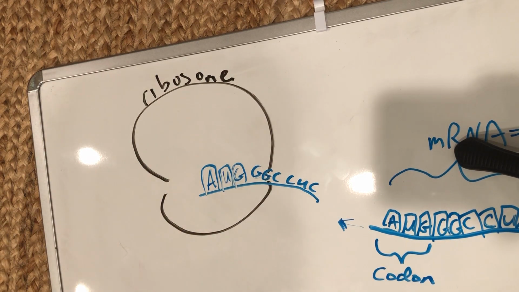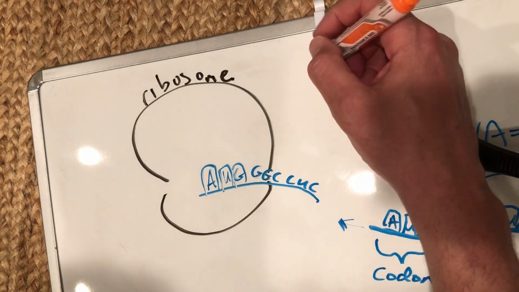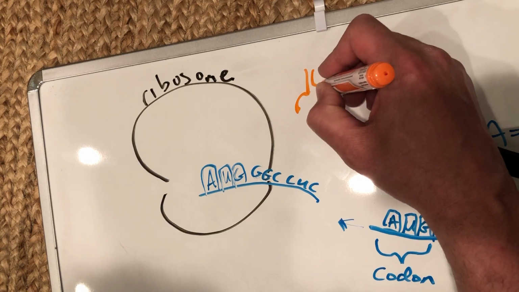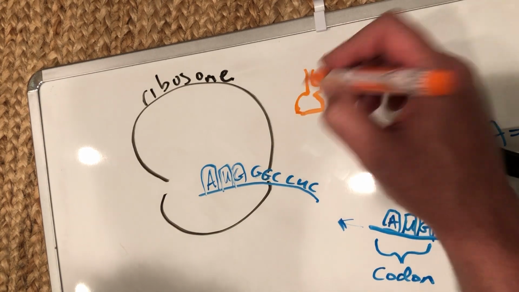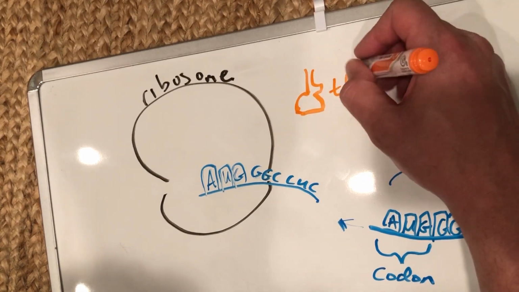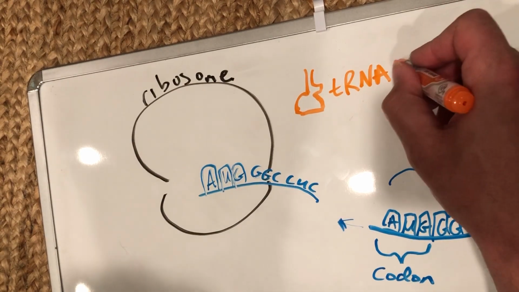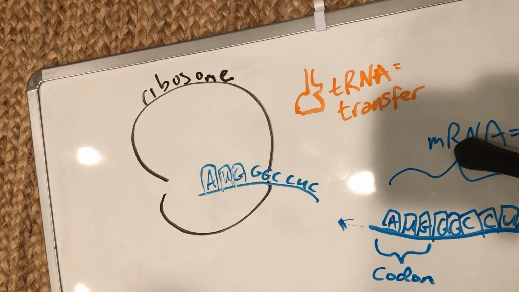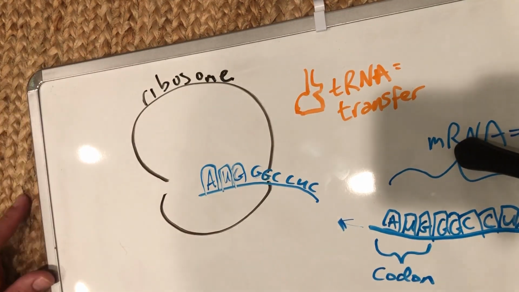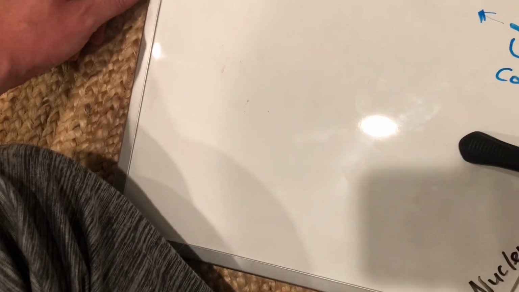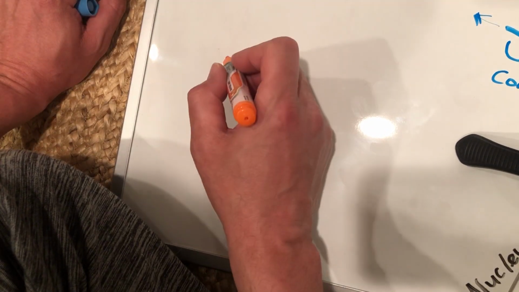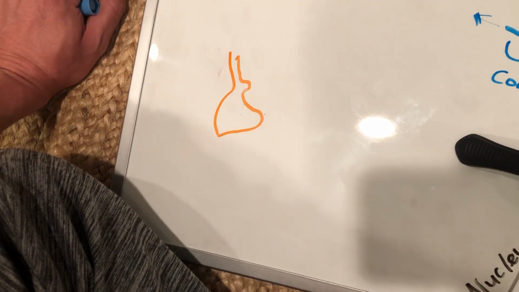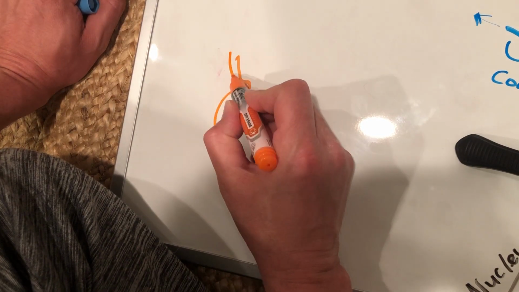Now, out here, there are these little doohickey things that are folds of RNA that are called tRNA. And T stands for transfer RNA. I'm going to draw one sort of big down here. I want you to make them look like this. Okay, kind of strange. Now, they're actually made of RNA.